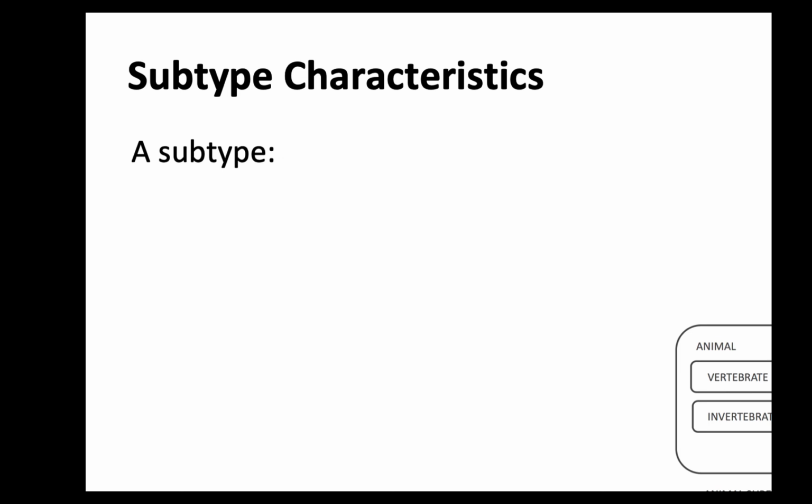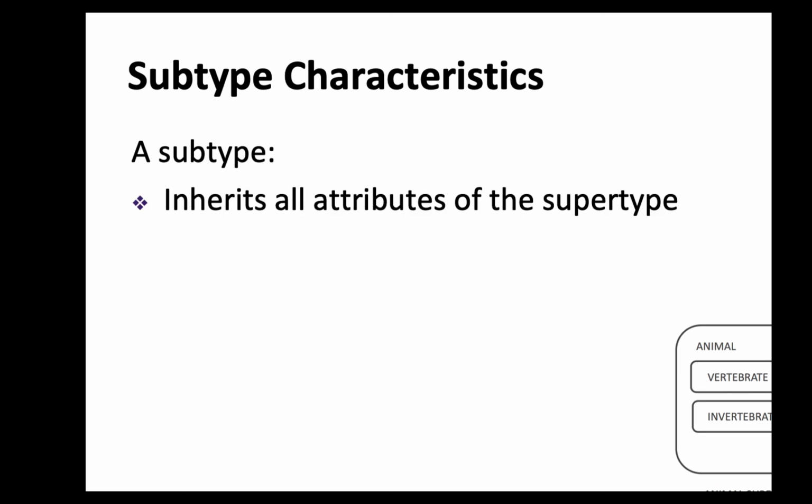So subtype characteristics. A subtype inherits all attributes of the supertype. If I have written some attributes under animal, it means that all these attributes are also part of these two subtypes.